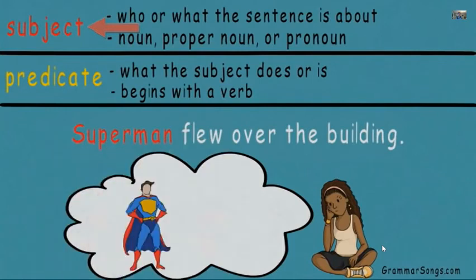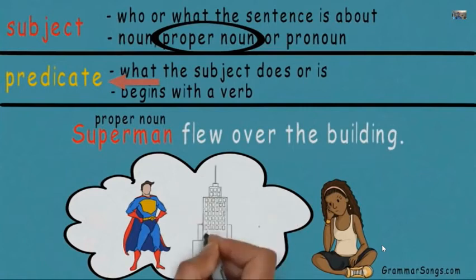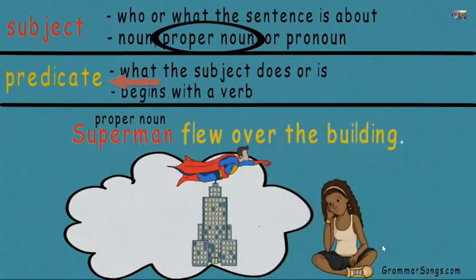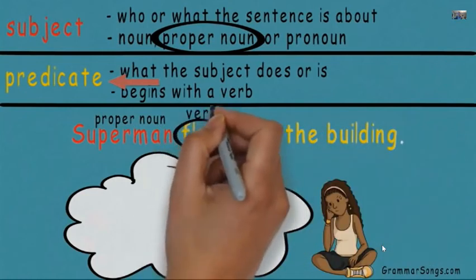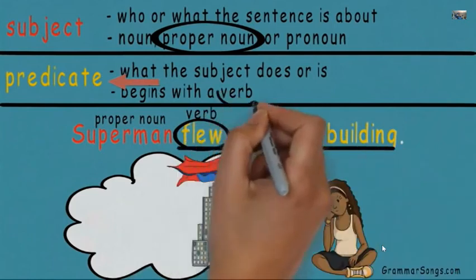Superman is my subject. Superman is a proper noun. Now I need to find my predicate. What did Superman do? He flew over the building. Flew over the building is my predicate. Flew is a verb, so my predicate, flew over the building, begins with a verb.